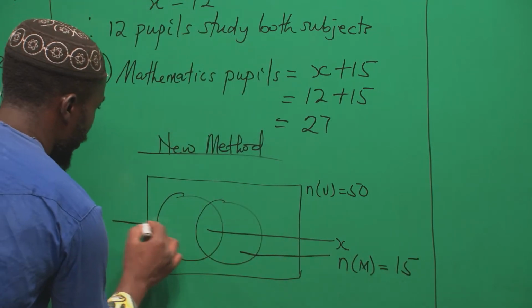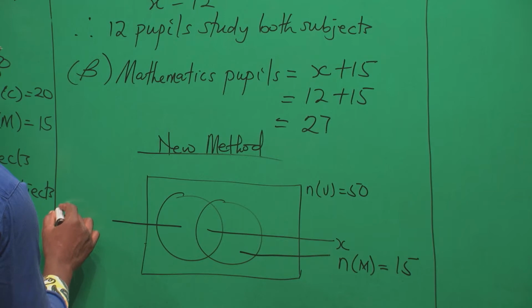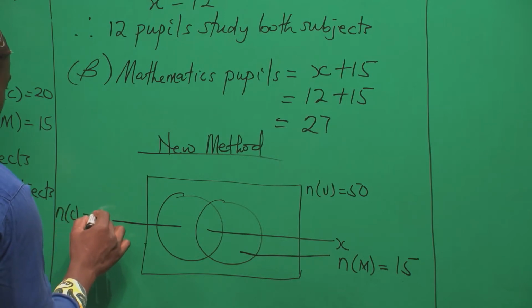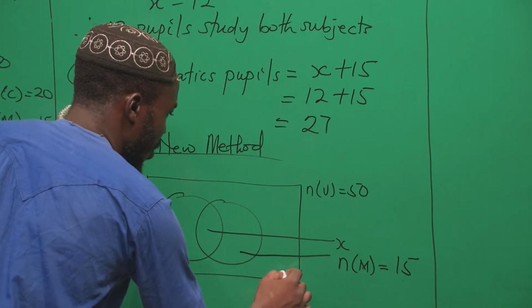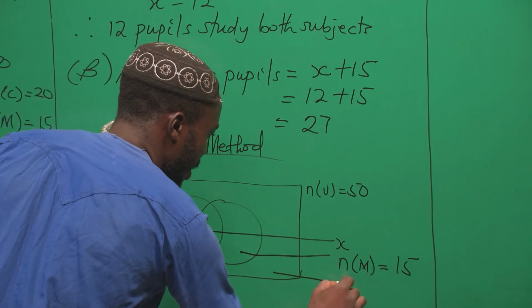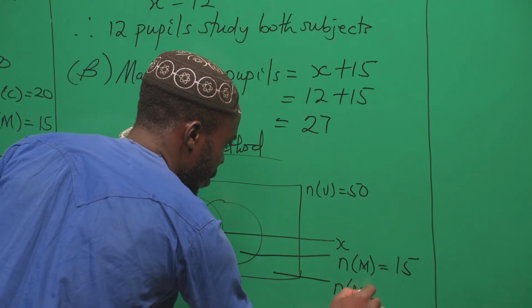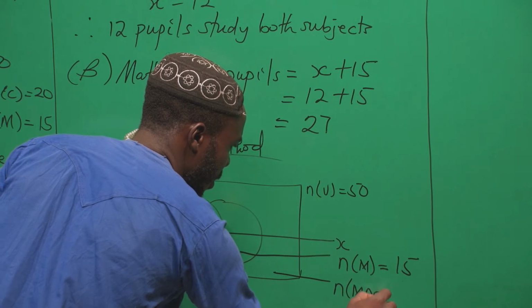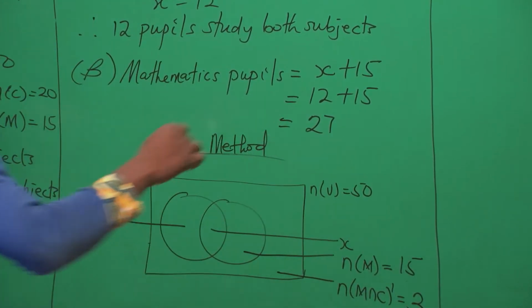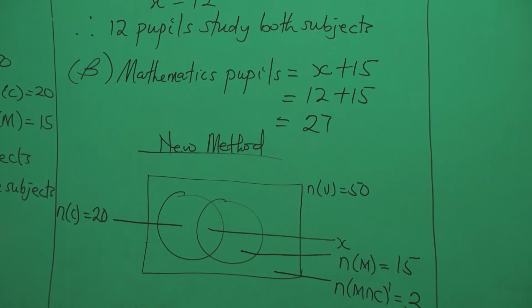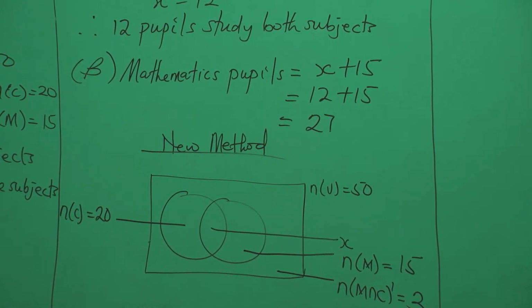Then you can point to this circle, then it becomes n of c is equal to 20. This side also, you can point to this side, that is the m intersection c complement is what? 3. So you see the new way, but it has not been implemented yet.